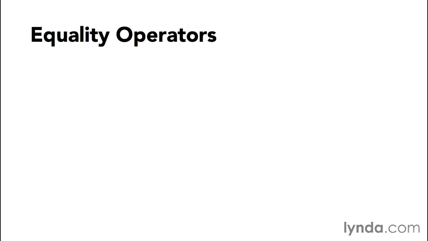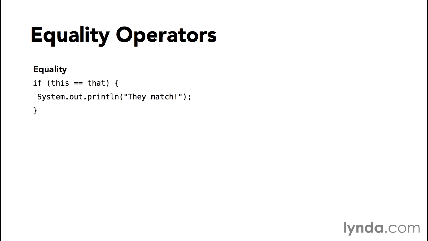The equality operators are used to compare values to each other. The double equals operator is called the equality operator. With primitive values, it compares the actual values. With reference variables, though, that is, variables that point to objects, you're comparing whether the two variables are pointing to the same object, not necessarily whether they have the same value.